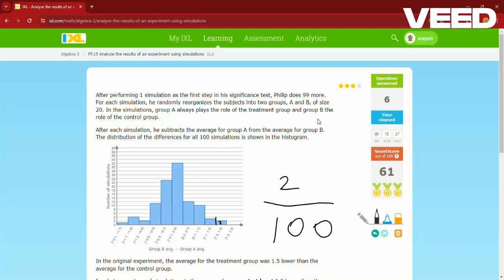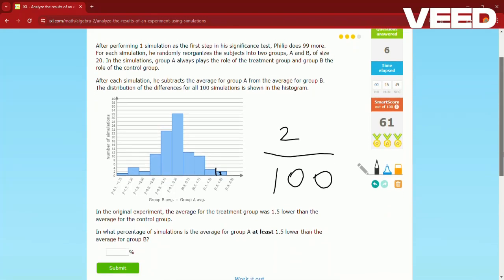In the simulations, Group A always plays the role of the treatment group and Group B the role of the control group. After each simulation, he subtracts the average for Group A from the average for Group B. The distribution of the differences for all 100 simulations is shown in the following histogram.